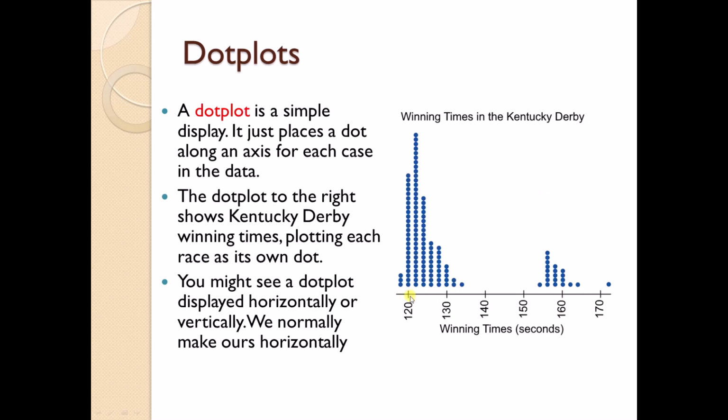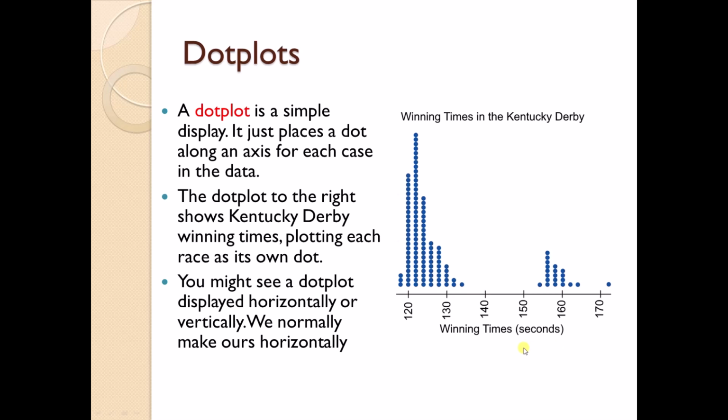So all of the 120, these are in seconds, go right here. The first one went here, the next one's above it, and then above it, and so on. You get some idea of frequency, and you just keep doing that until you've covered all the values. Unless there are some years missing, there should be 136 of those dots. That may be a little bit high for dot plots, but I suppose we'll deal with it and let it work.